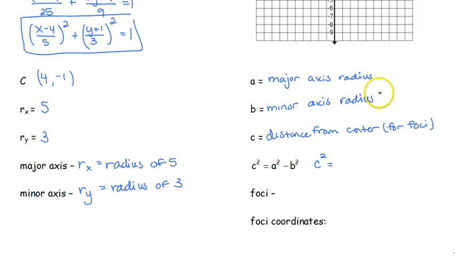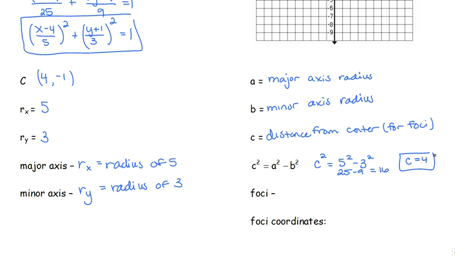We know the major axis radius, we know the minor axis radius. So we have 5 squared minus 3 squared. If you forget, just remember that you're subtracting and it's going to be positive, so you take the bigger number minus the smaller number. 25 minus 9 gives us 16. Well, that 16 is for c squared, so your c is 4.